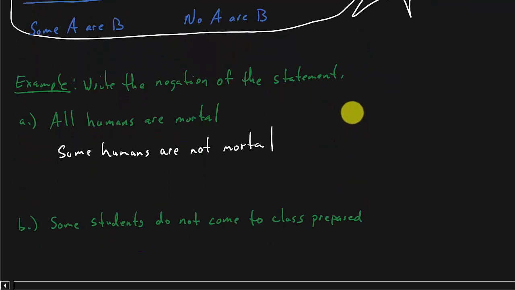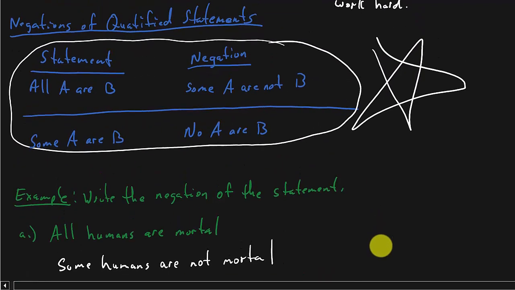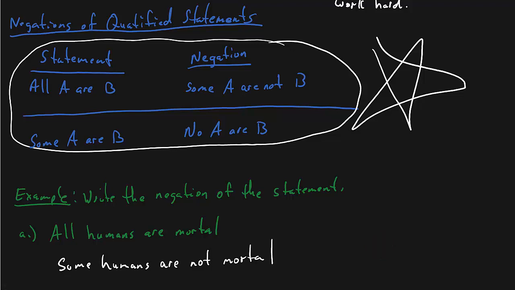So what about this one? Some students do not come to class prepared. Okay? Some students do not come to class prepared. So how would we rewrite that one? All right, so think about it a little bit.